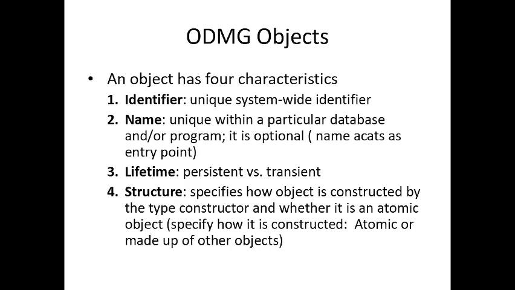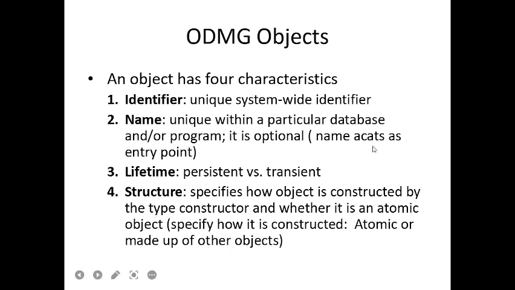Typically, a few objects, mainly those that hold collections of objects of a particular object class or type, such as extents, will have a name. These names are used as entry points to the database. By locating these objects by their unique name, the user can then locate other objects that are referenced from these objects.